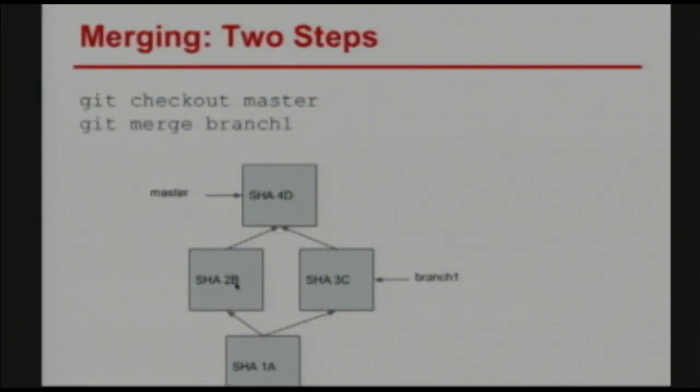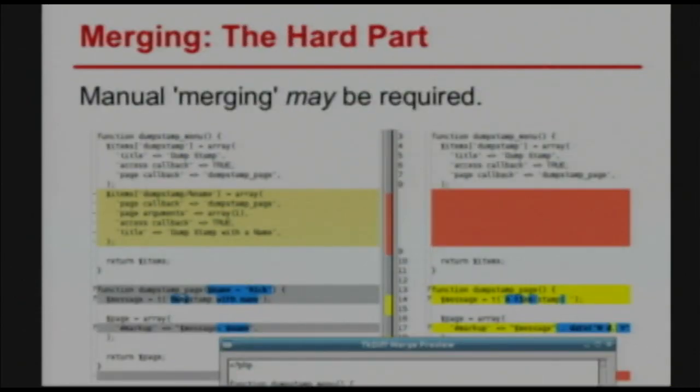So if I go back to my slides, I have code in 2B and 3C, but they are in the same single line. And Git won't touch that. Git may try to touch it, but in a case where Git says, you know what, I can't resolve this, a human has to do this, you'll have to do a manual merge.